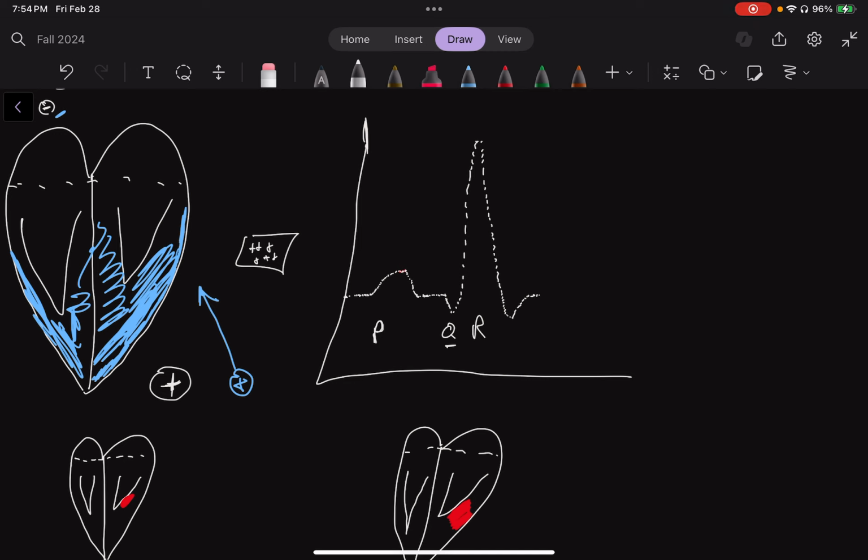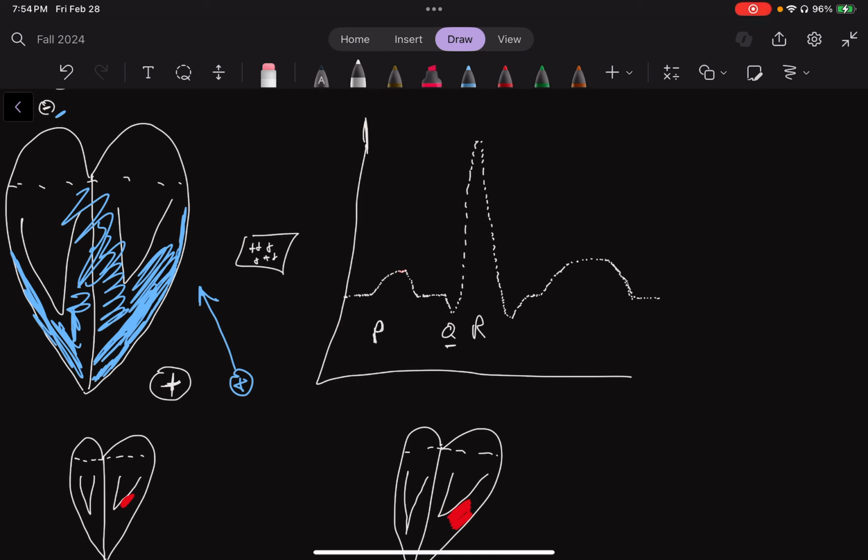So that is a positive deflection. It's like this. And then as the charge separation decreases, the amount that the EKG is deflected upward decreases, and then it reaches its isoelectric point again.